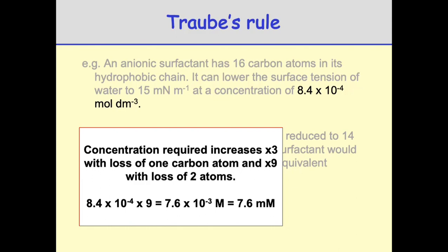So that is the amount of this new surfactant with the smaller hydrocarbon chain that you would need to lower the surface tension to 15 millinewtons per meter. I'll let you go through that example again yourself to make sure that you fully understand it.